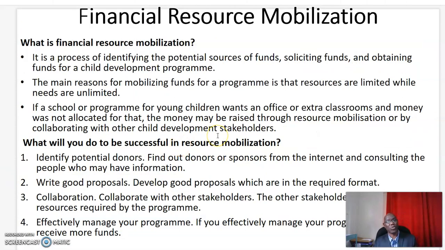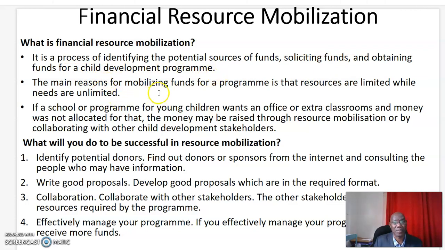Finally, let's look at financial resource mobilization. Financial resource mobilization is the process of identifying the potential sources of funds, soliciting funds, and obtaining funds for a child development program.